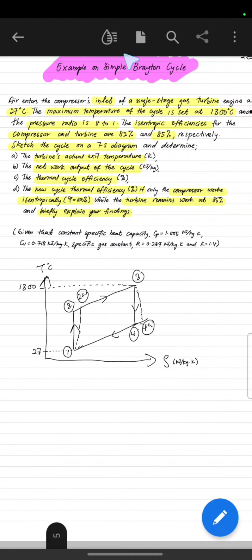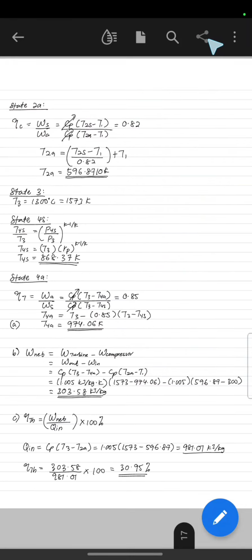This is where the combustion process happened. So you are going to take the actual value and also the T3 value. Hence, when you plug in all these values for T3 and T2A and also your CP, you are going to get Q in as 981.01 kilojoule per kg.